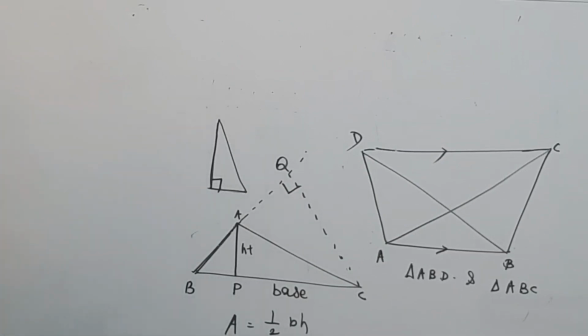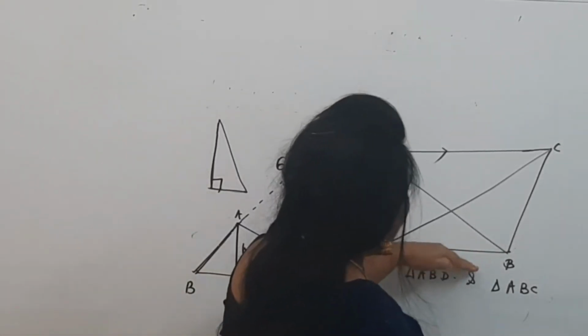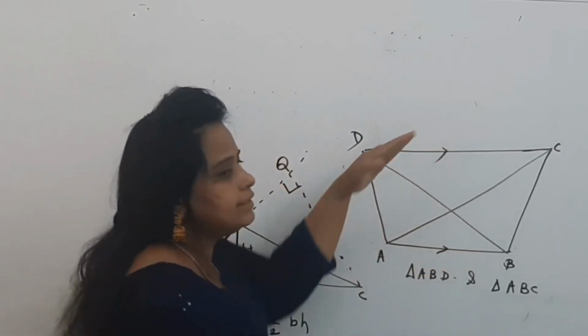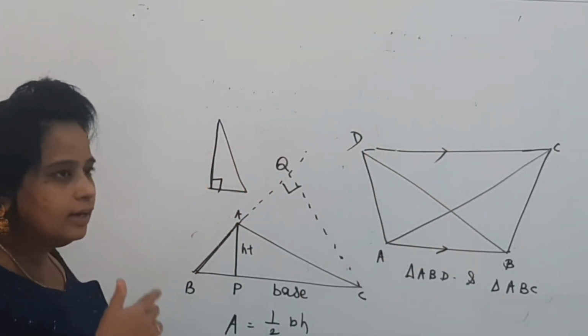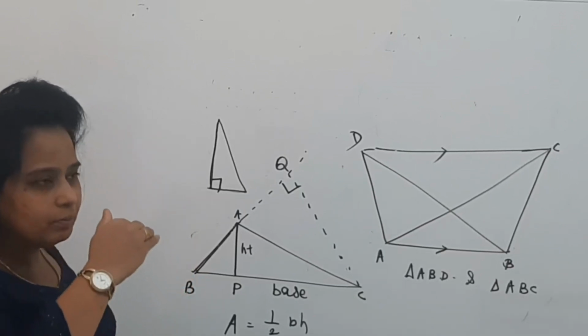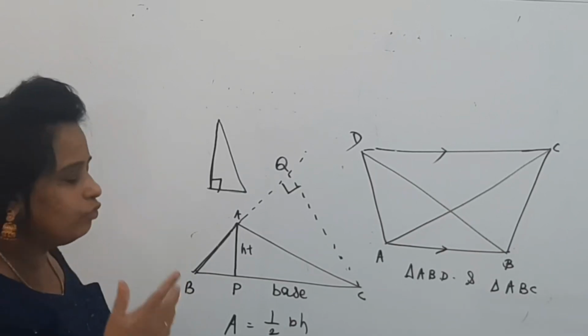Now, you can see here triangle ABD and triangle ABC lie on the same base AB and between the same parallels AB and CD. To grasp this statement, it will take a little time. Why? Because it is new for you.